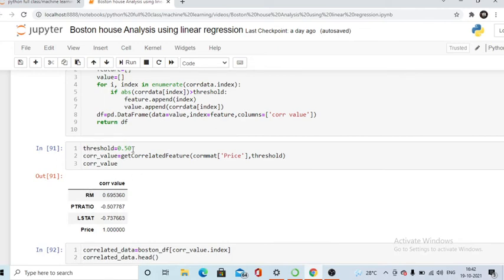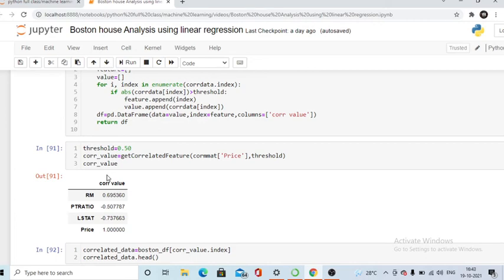Here I gave the threshold 0.50, and this is the correlation value of the correlated data core matrix for price. So if I give the value 0.50, here I am getting the features LSTAT, PT ratio, RM. Similarly, I will give the coding part in my GitHub file, so you can download that file and do the analysis.